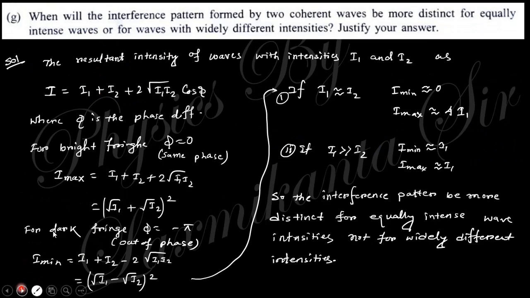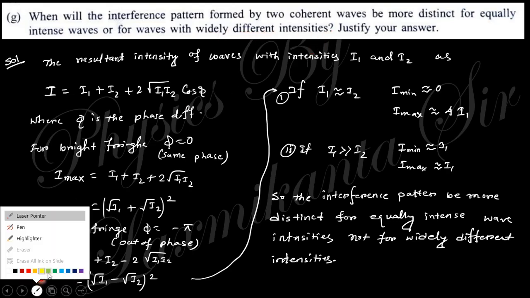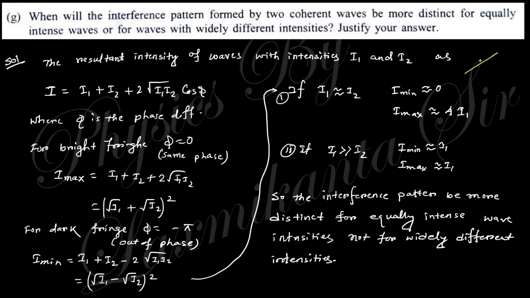Next question: when will the interference pattern formed by two coherent waves be more distinct, for equally intense waves or for waves with widely different intensity? That means the interference pattern from the waves coming from sources S1 and S2, with intensities I1 and I2.